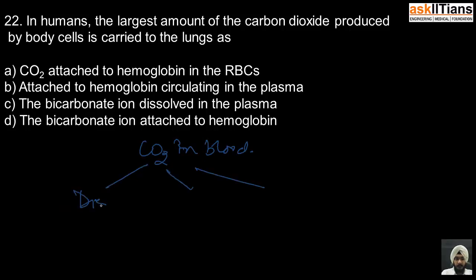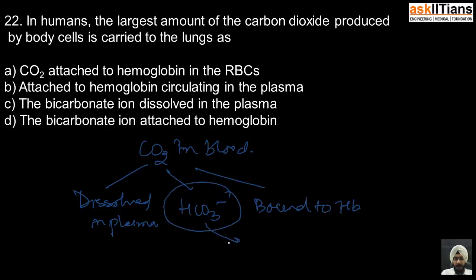It can be dissolved in plasma, it can be carried in the form of bicarbonate ions, or it can be carried bound to hemoglobin. But the majority is carried as bicarbonate ions, approximately 70%, in plasma.